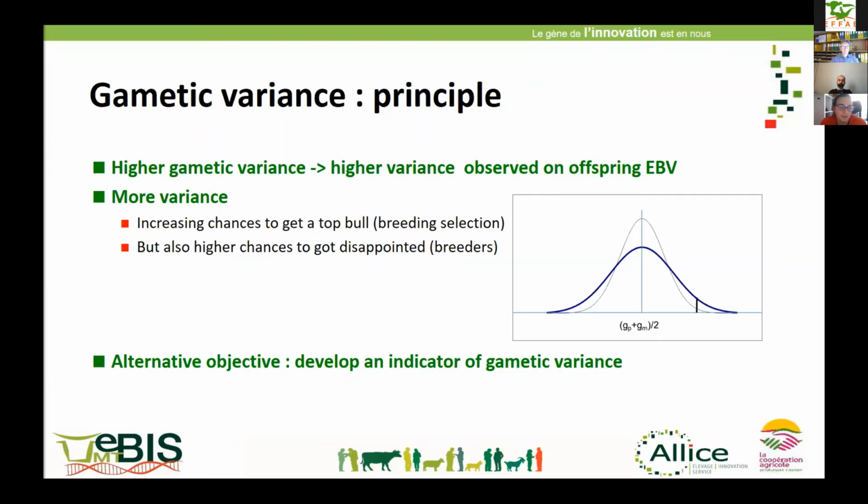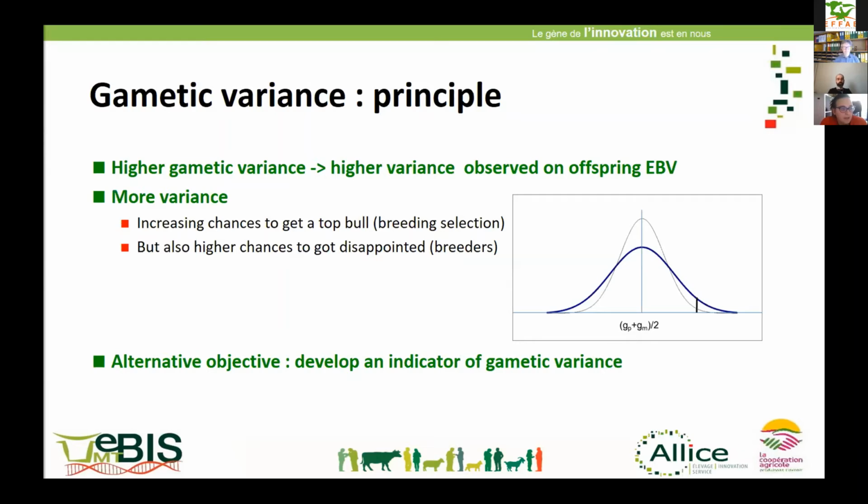You can be far from the mean in a good way, meaning you get a top bull when you expect a normal bull, but you can also have lower breeding values than what you were expecting from the mean.